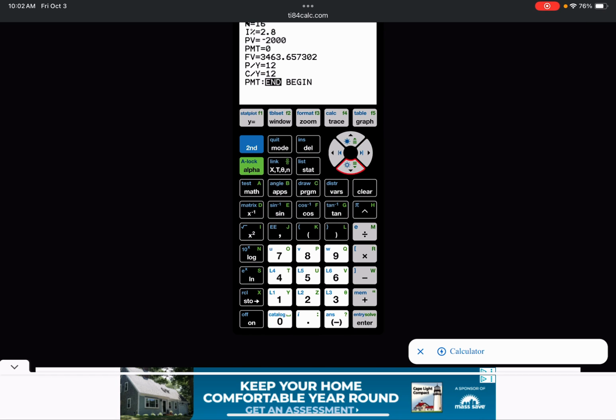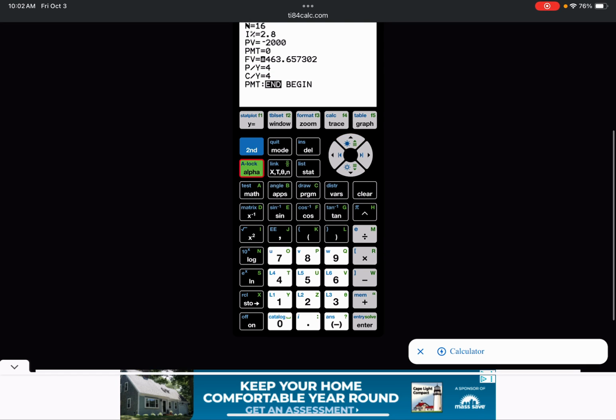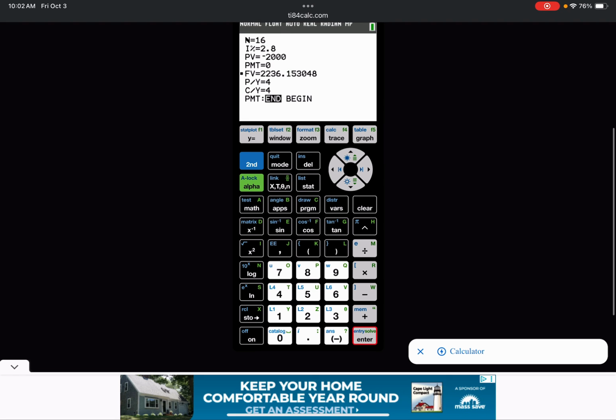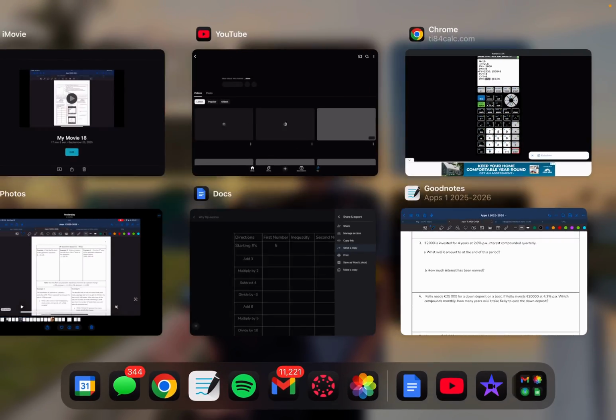Future value is what we're trying to find. And now we want it to be quarterly, so we're going to change this to a 4. Then if we do alpha enter, we get 2,236.15.